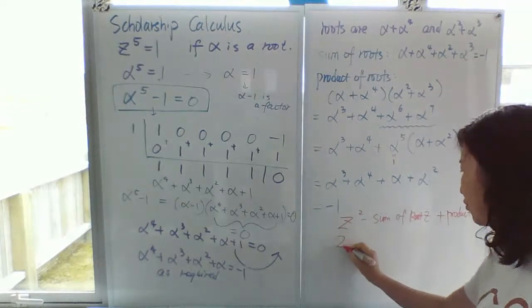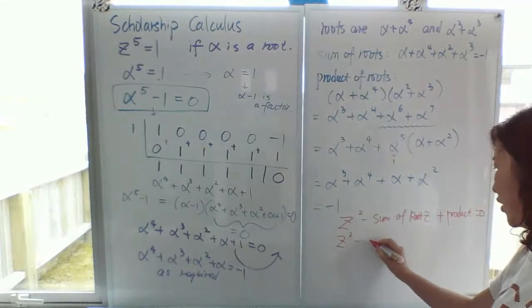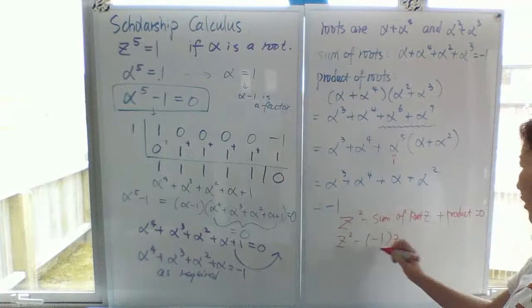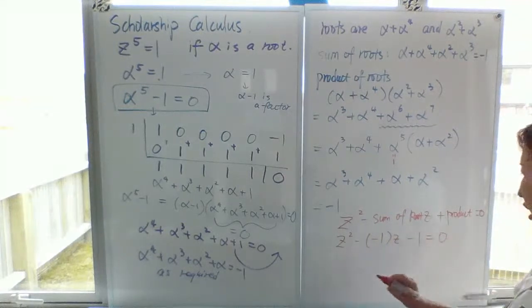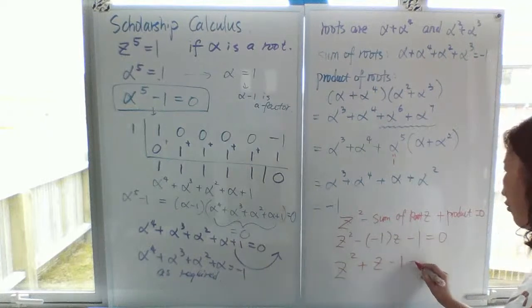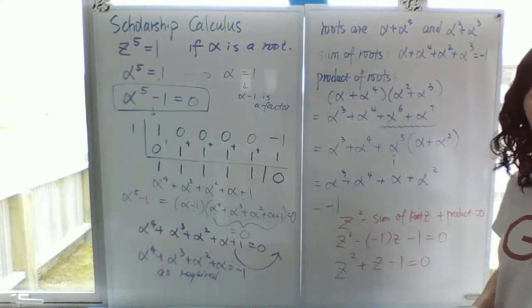So which means this will be z squared take away -1z and plus the product, which is -1, equal to 0. And that will be z squared plus z take away 1 equal to 0.